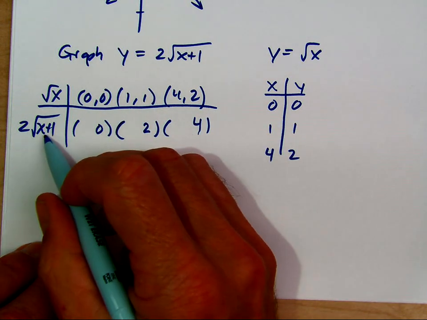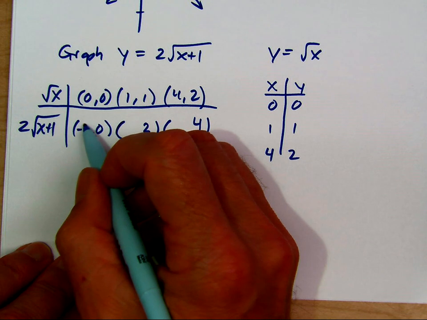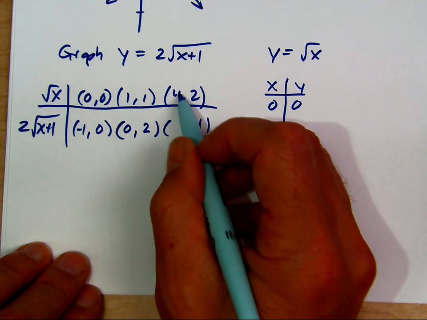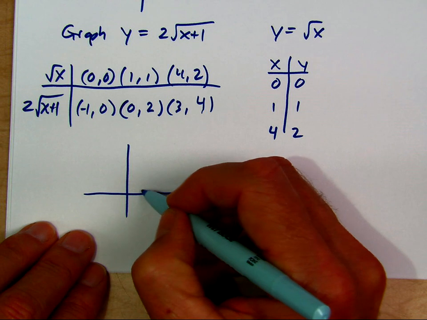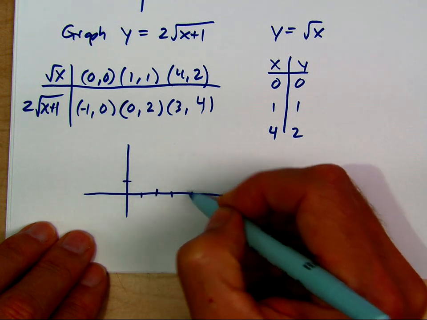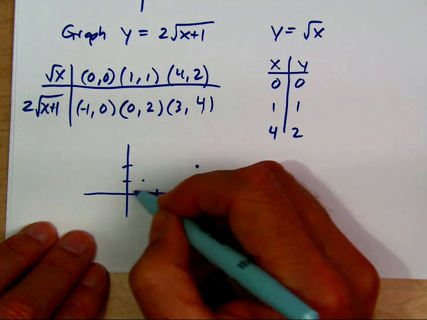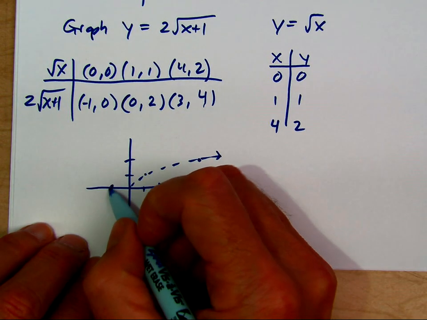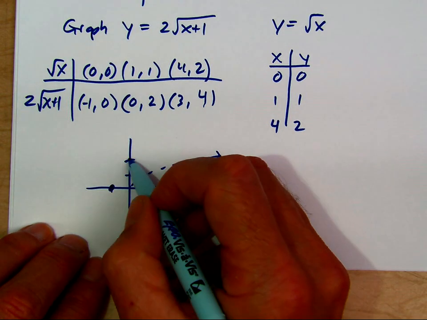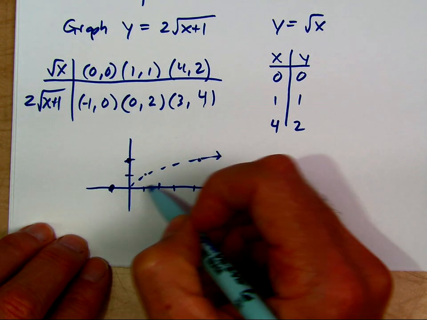Subtract 1 from the x. Subtract 1, subtract 1. The parent function, and then we go negative 1, 0, 0, 2, and 1, 2, 3, 4.